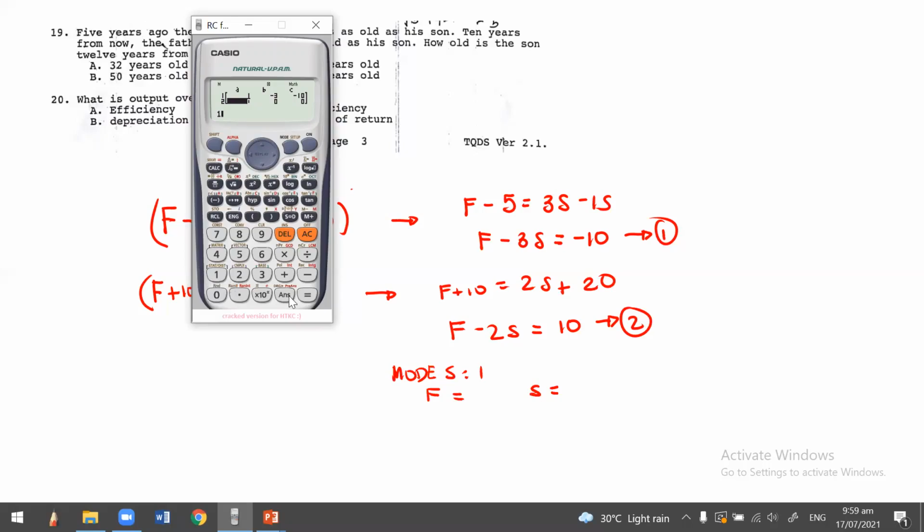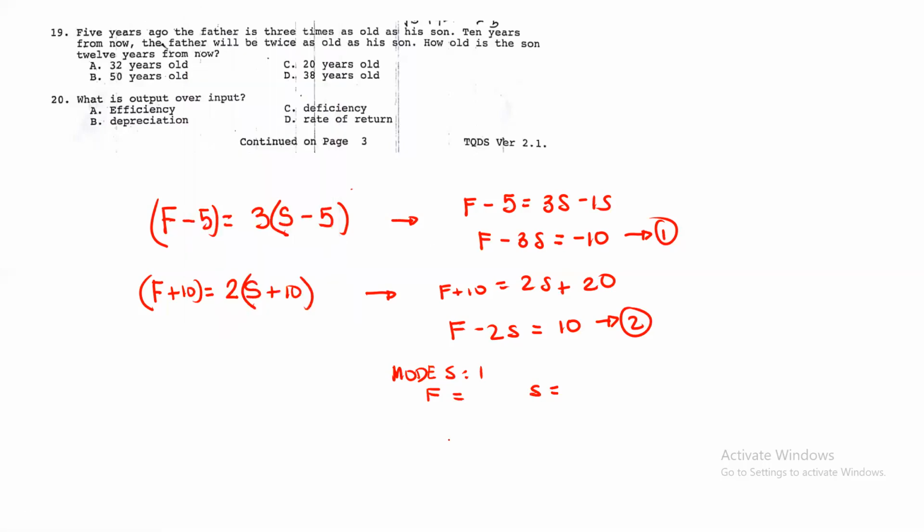Then 1, negative 2, and 10. So, 50 and 20. Hinahanap kasi natin dito is yung edad ni son. So, son is equal to 20.